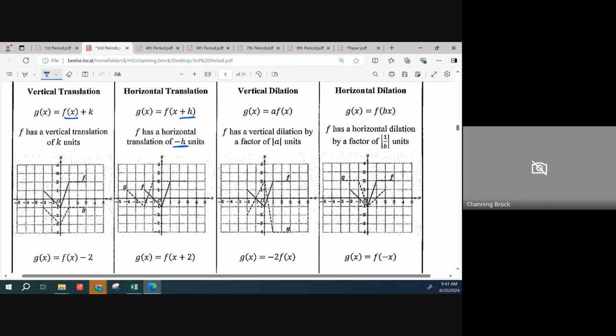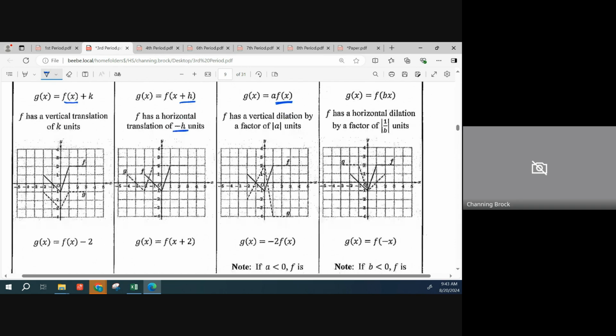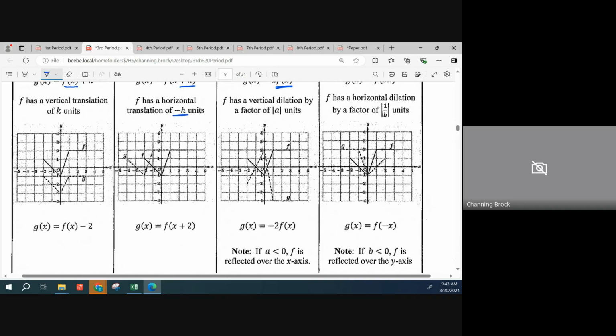Then one that we also talked about is a vertical dilation. And so a vertical dilation is some sort of factor that is multiplied to the outer part of the function. And it's going to kind of stretch or compress it. And then there's also a little note down here that if your dilation is a negative value, then it's going to perform that x-axis reflection.